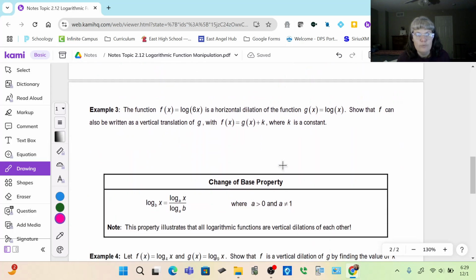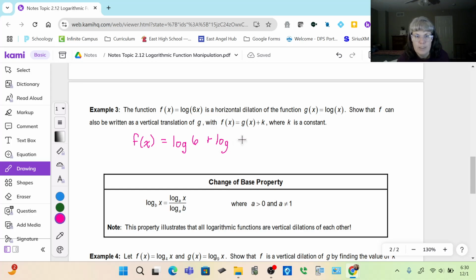For example 3, we're going to rewrite it to show that we have a vertical translation, that it shifts vertically. Right now it looks like we have a horizontal dilation because we're multiplying the x inside the parentheses there. But if I apply my product property to that log of 6x, I can write this as log of 6 plus log of x.